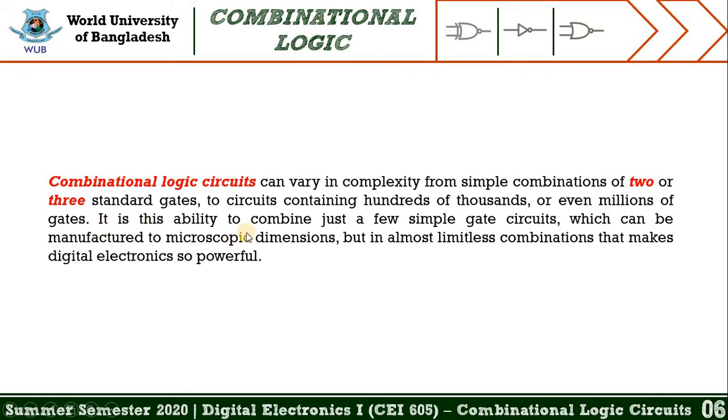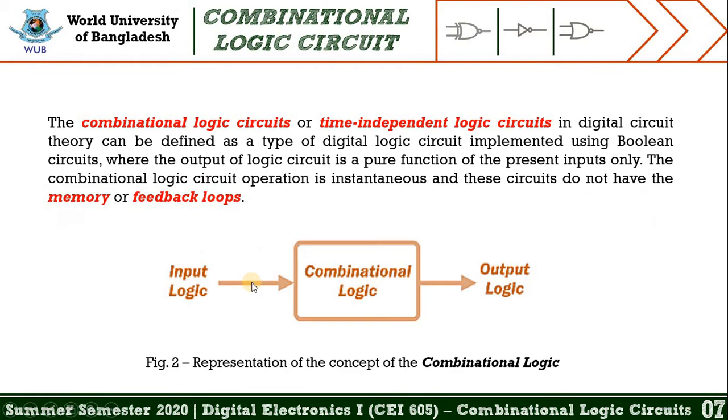It is the ability to combine just a few simple gate circuits, which can be manufactured to microscopic dimensions, in almost limitless combinations that makes digital electronics so powerful. From this slide, we may learn an overview of combinational logic circuit.